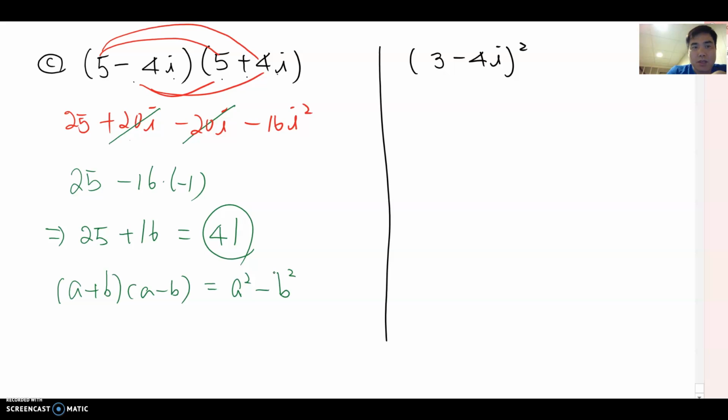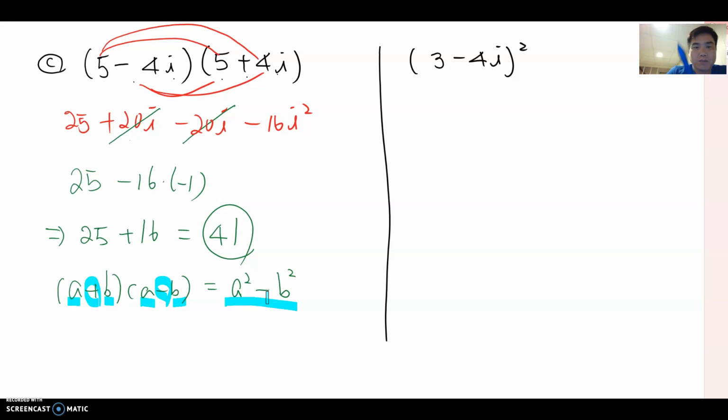So it means as long as we have the same terms a and b here, but different operations, then you can factor it as just a squared minus b squared. I recommend utilizing this property as much and as often as you can. The reason is upper level math courses always require this property, and we don't want you to always fold them out and then simplify.